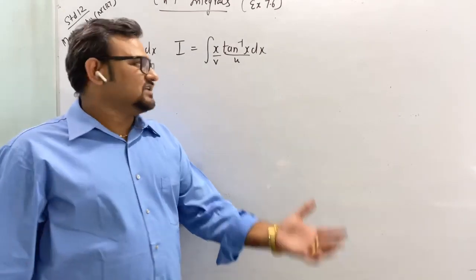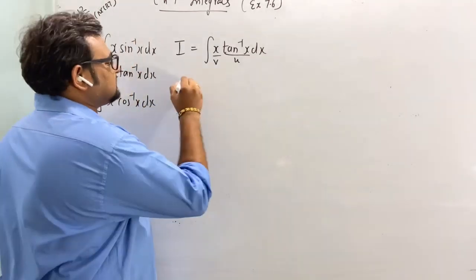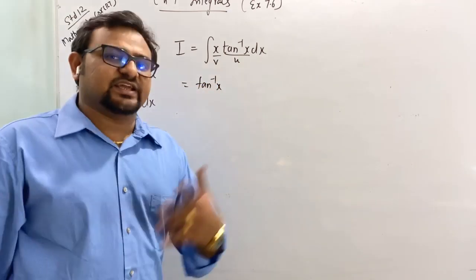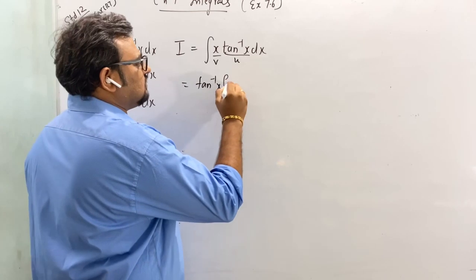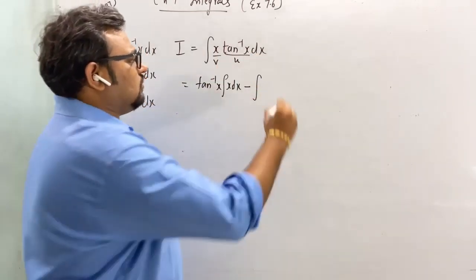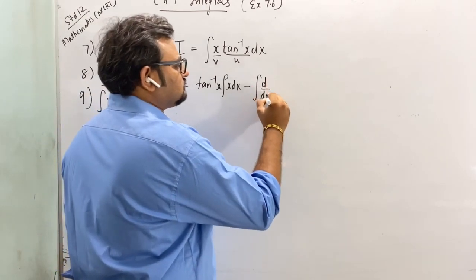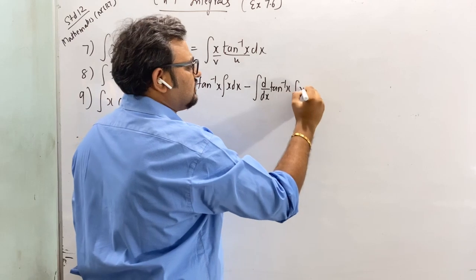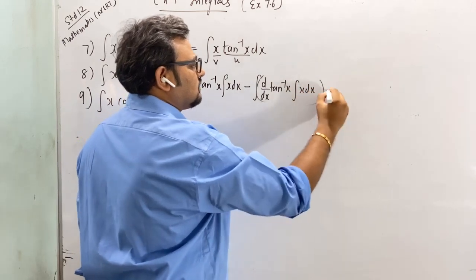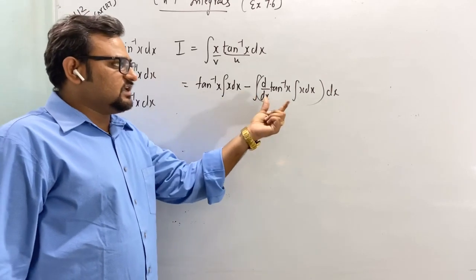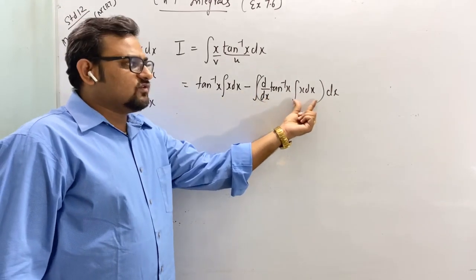U as it is, so tan inverse x as it is, u as it is, integration of v, integration of x dx, minus derivative of u, integration of v. Okay, u as it is, integration of v minus integration of derivative of u, integration of v.